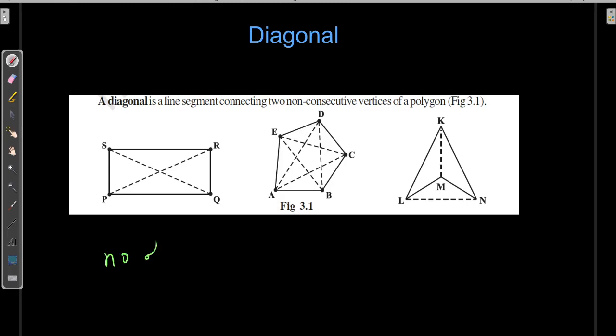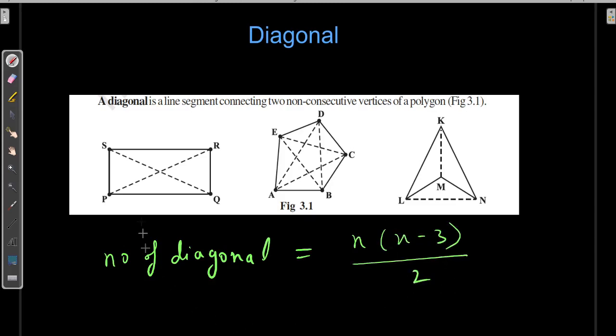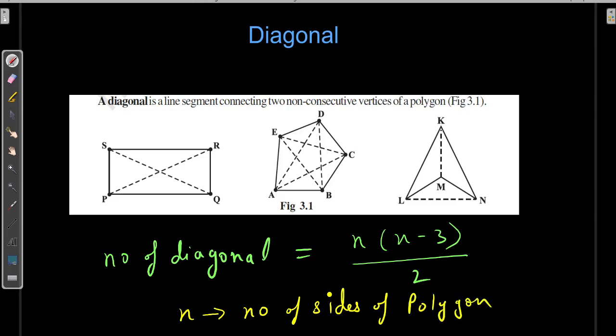The number of diagonals can be found by the formula n(n minus 3) upon 2. Here n stands for the number of sides of the polygon. So by this formula you can calculate the number of diagonals of any regular polygon.